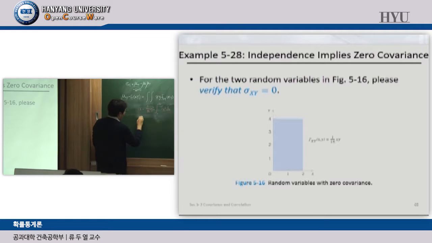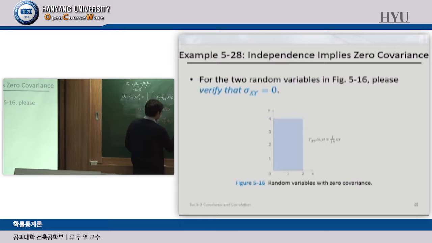So the E of XY is equal to the integration from 0 to 4 of y squared over 6 dy. Okay? And this is equal to 1 over 6 by 1 over 3 by y to the third power from 0 to 4. Okay?